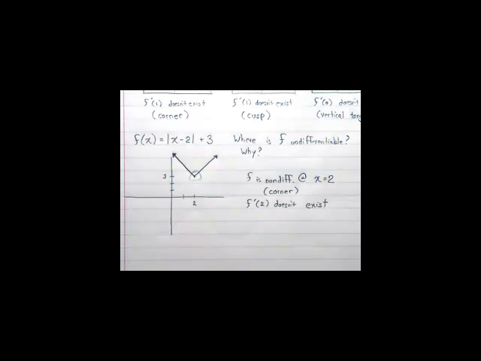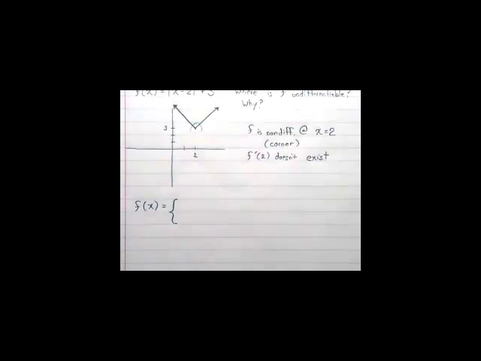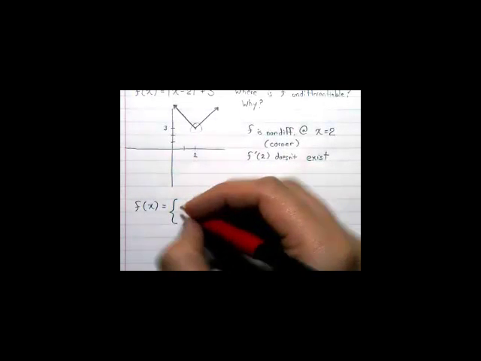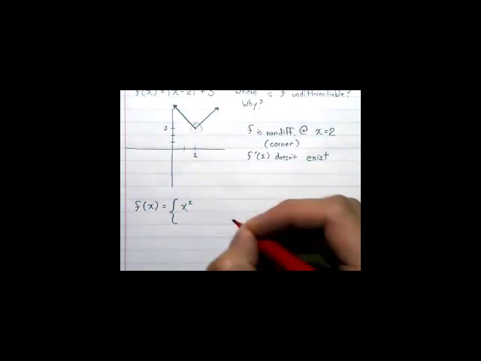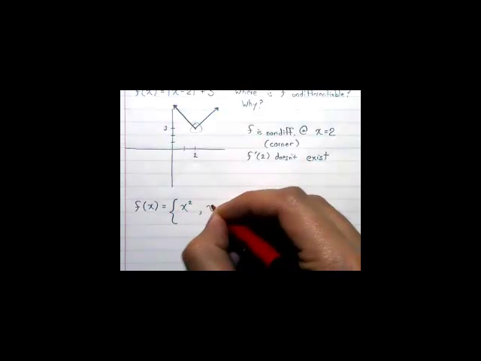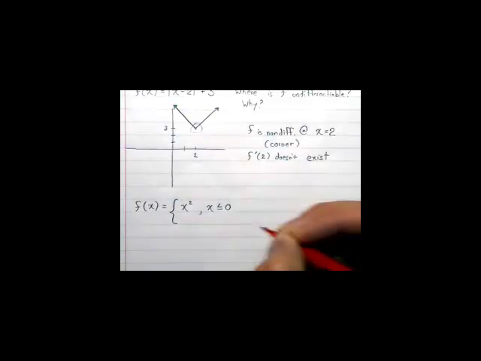Let's take a look at some other ones. So most of these are going to end up being piecewise functions. So let's do one of those. And let's say we're going to do x squared for x less than or equal to 0.